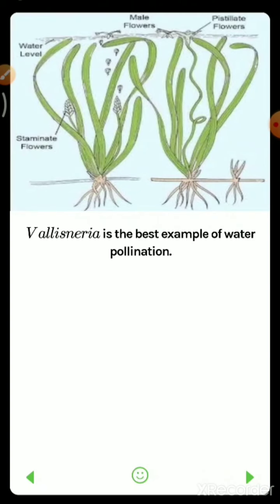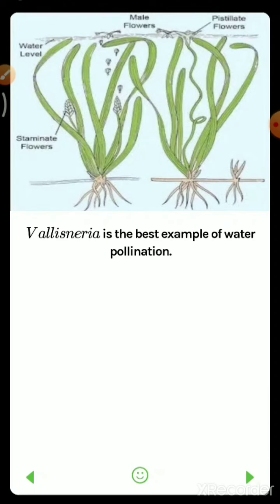So all of you see this picture. The staminate flowers. Staminate flower means they are in the developing stage. Okay, at that time they are attached to the plant, and these are the male flowers, can you see? And these staminate flowers, after maturity, float on the surface of water.